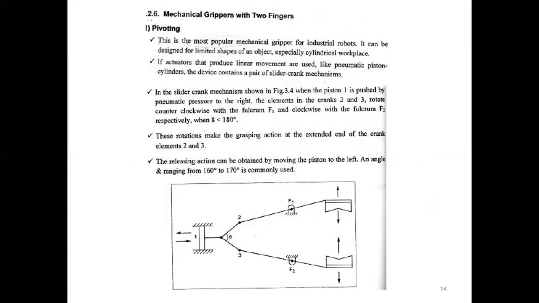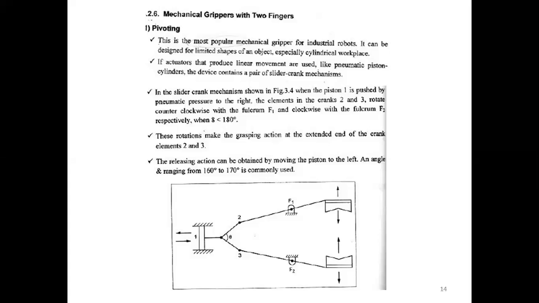If actuators that produce linear movement are used, like pneumatic piston cylinders, the device contains a pair of slider crank mechanisms. In the slider crank mechanism, piston 1 is pushed by pneumatic pressure to the right. The elements 2 and 3 of the crank rotate counterclockwise with force F1 and clockwise with force F2 respectively, when the angle is less than 180.